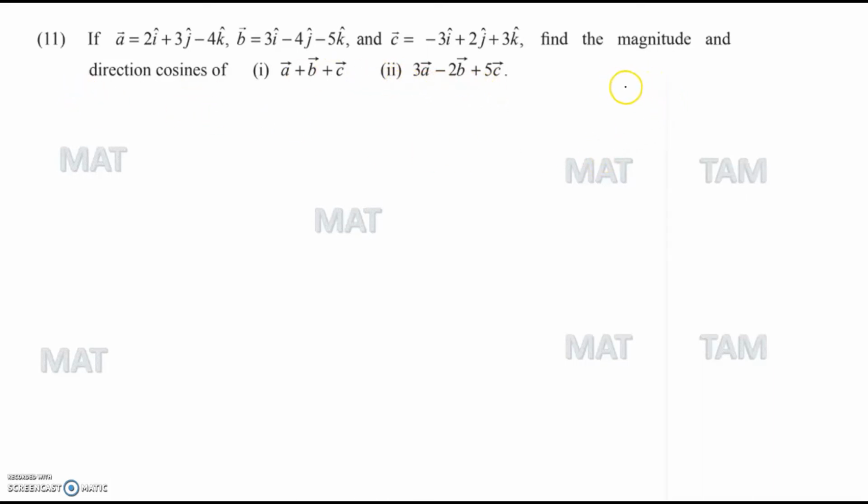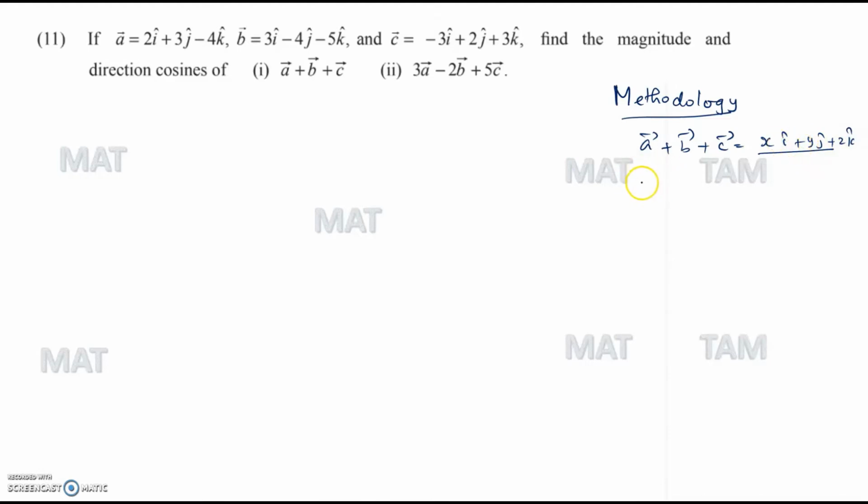So, the methodology that we would follow here is, we can add the three vectors, A vector plus B vector plus C vector, and you'll get your resultant vector. And from this vector, let's say this is in the form x i cap plus y j cap plus z k cap.